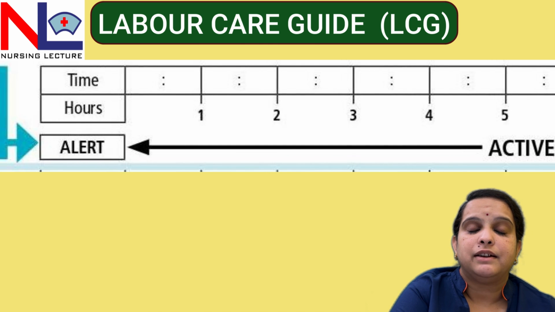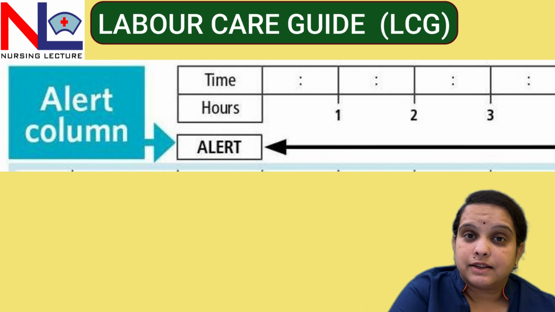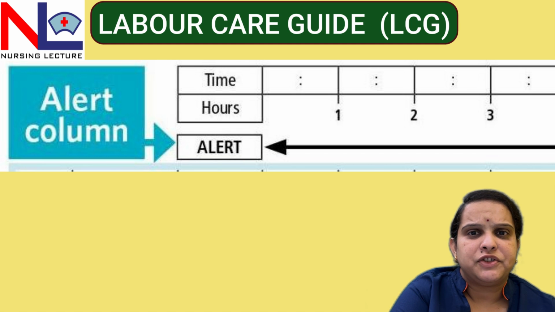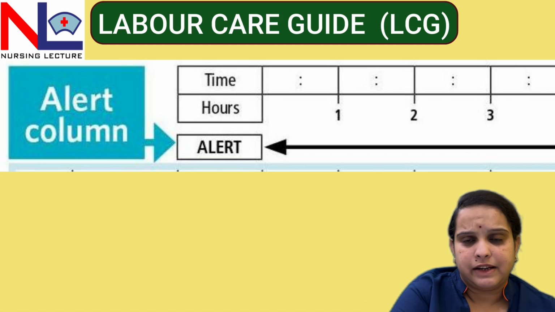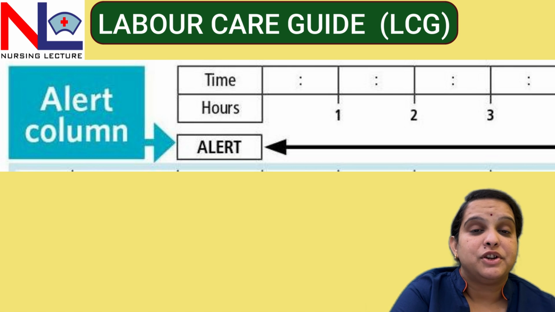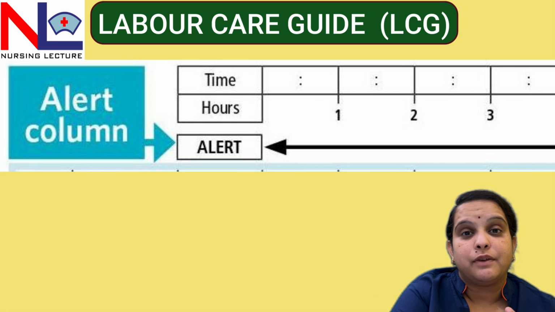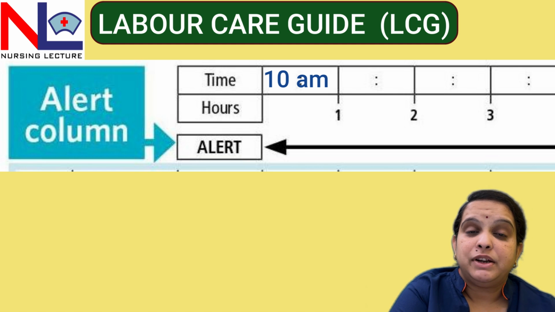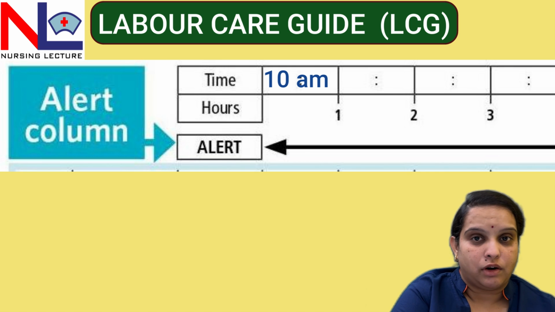Suppose the mother came at 6 a.m. in the morning and she had only 1 or 2 centimeter dilatation. In such a case we can't write it here. But suppose by per-vaginal examination we found that she had 5 centimeter dilatation at 10, then we can write the timing 10 in the first column.